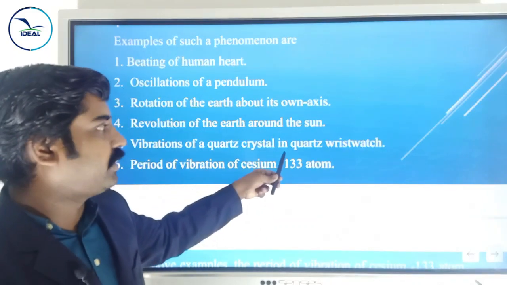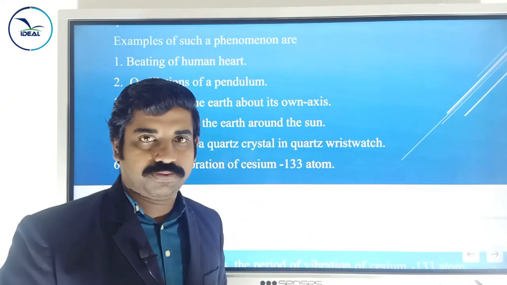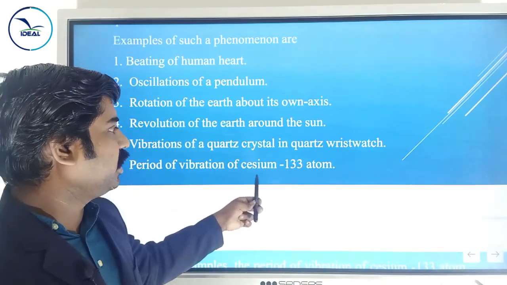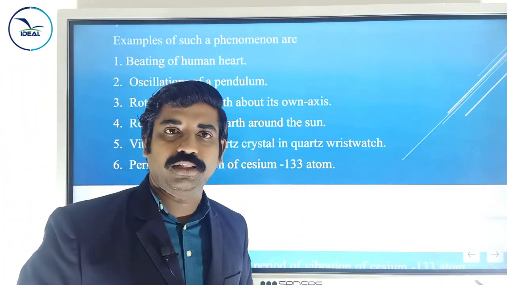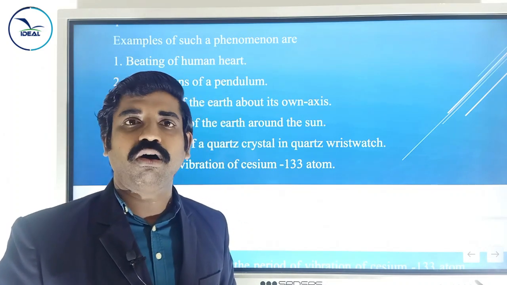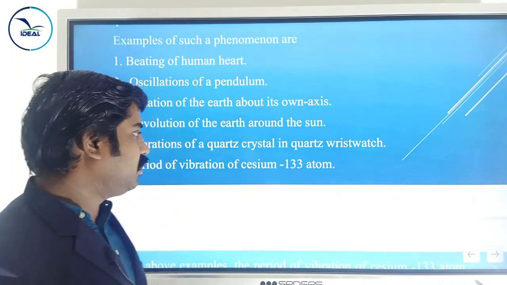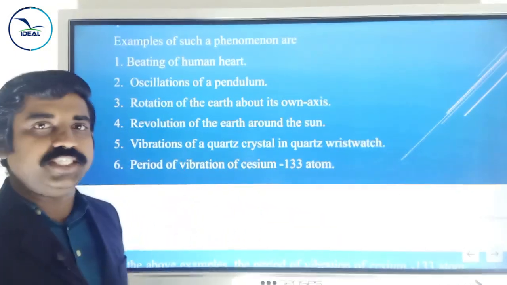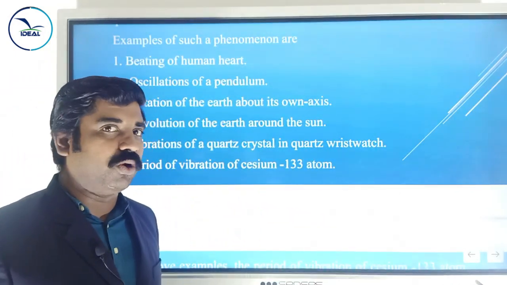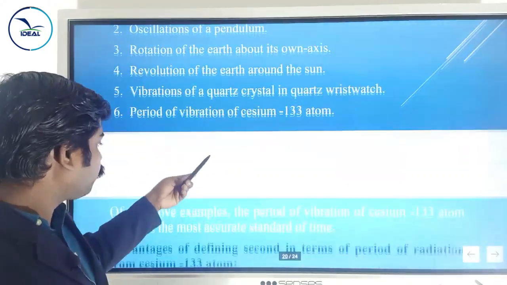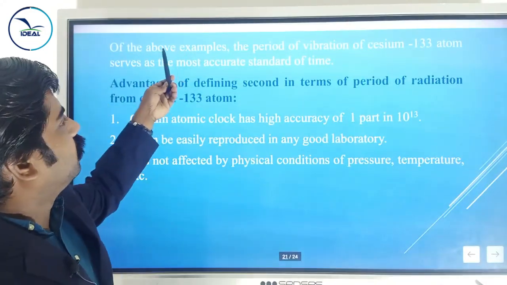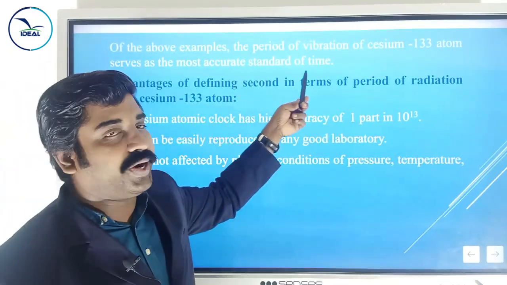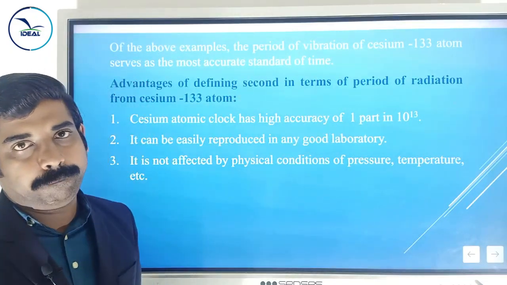Vibrations of the quartz crystals in a quartz wristwatch, that's also in the same period. And period of vibration of the cesium-133 atom. Those are all standardized ones. We are using the period of vibration of the cesium atom, which we already discussed. The period of oscillation of the cesium atom serves as the most accurate standard of time.